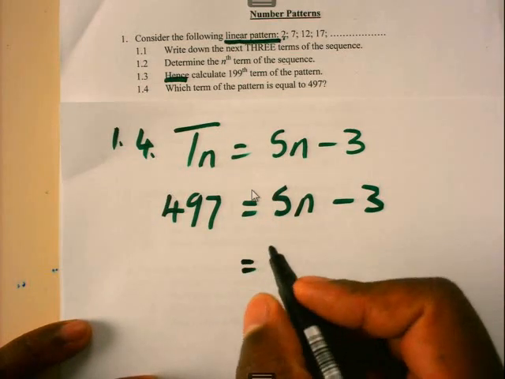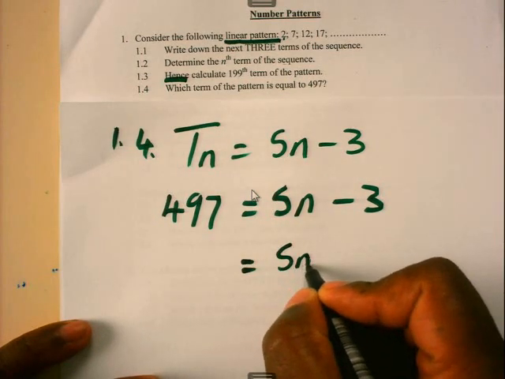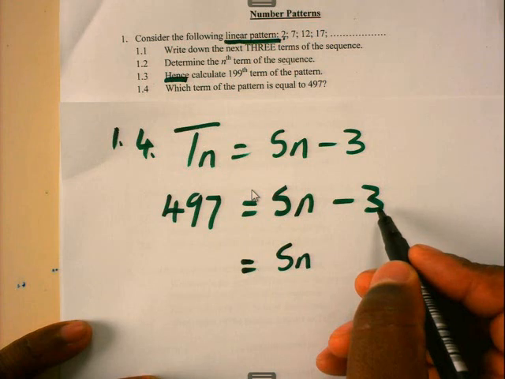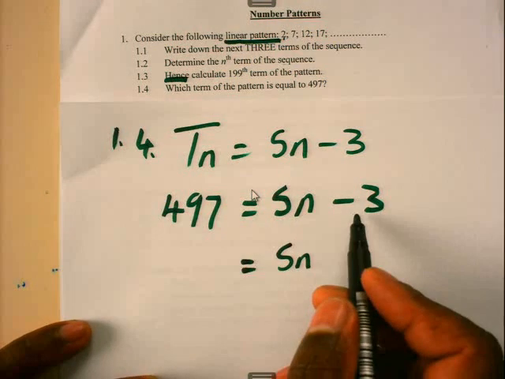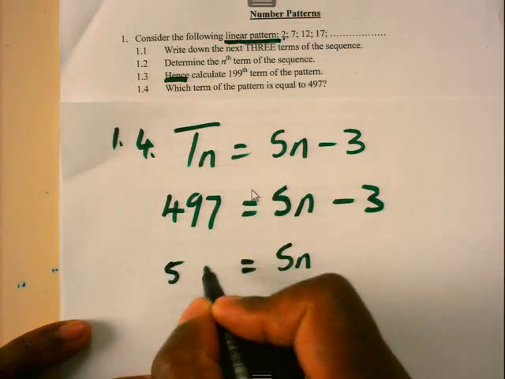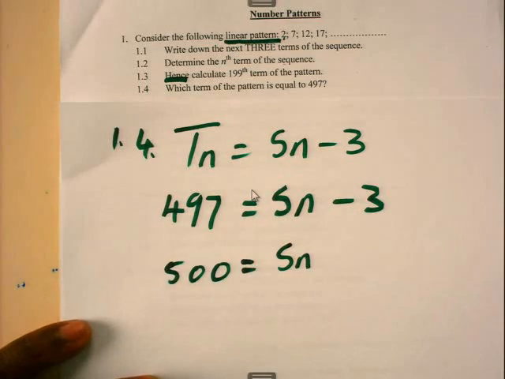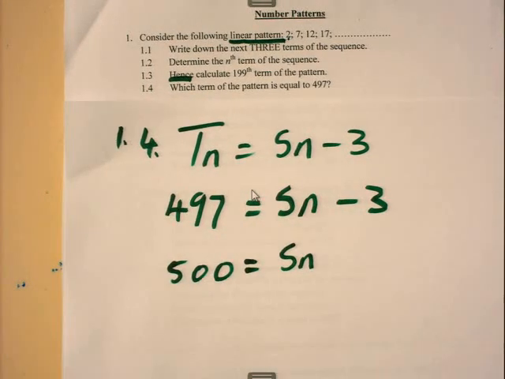For us to solve for n, here is 5n. You've got minus 3 here. You transpose it to the left. Then you've got 497 plus 3, which gives you 500. 5n is equal to 500. Now we just have to divide by 5 both sides to determine the value of n.